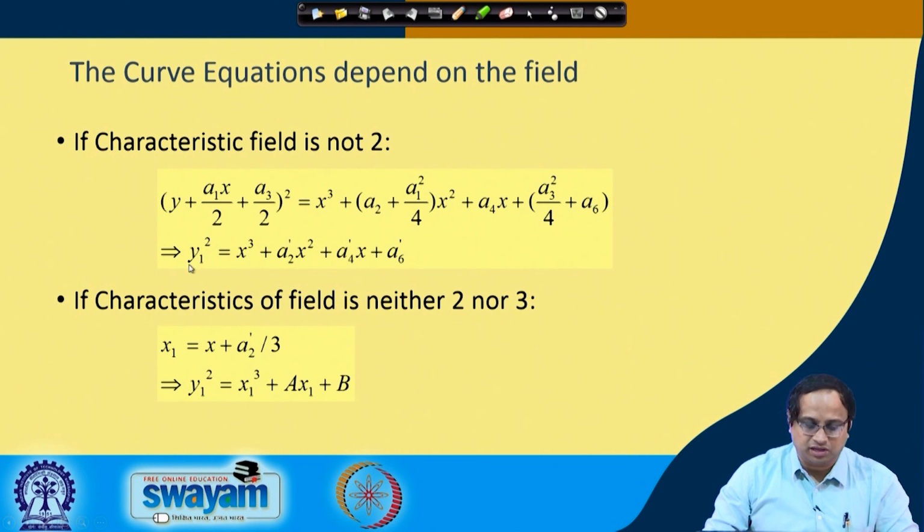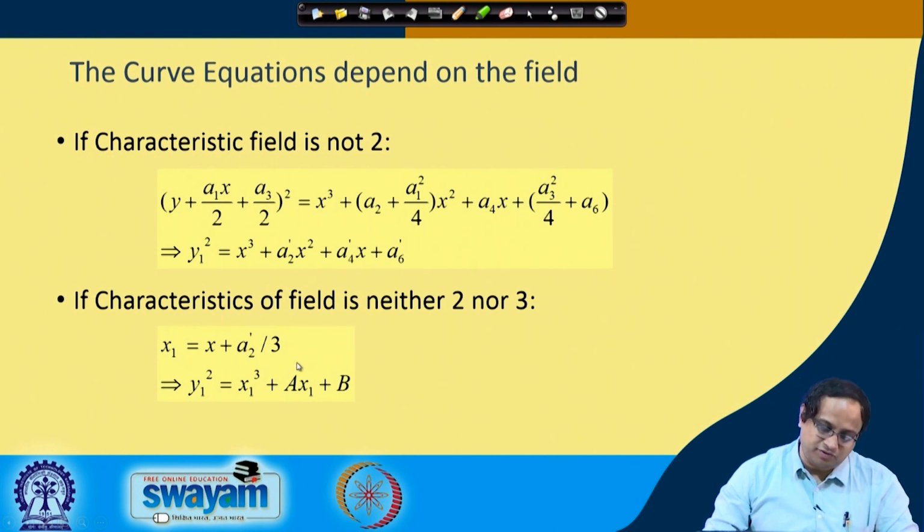So you see that the curve transforms into a simpler equation because of this assumption that the characteristic is not 2. I can make a further assumption that the characteristic is neither 2 nor 3, so that division by 3 is also allowed. If I plug in x1 equal to x plus a2 dash by 3 and substitute, the equation is further simplified into this form, which is a very common form often used in several standards: y squared equals x cube plus ax plus b.